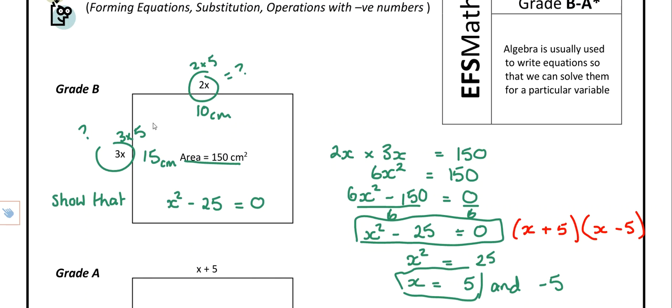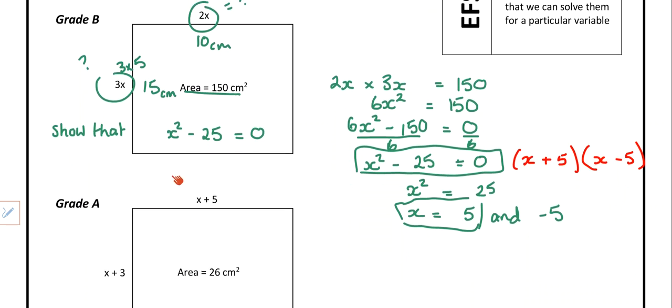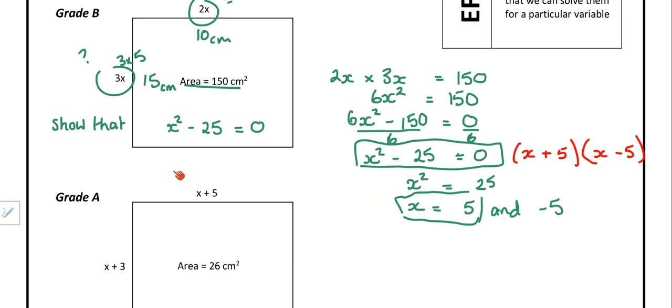Taylor, when you did 6x squared subtract, why did you divide by 6? Because I've got 6x squared and I only wanted 1x squared. So I divided both things by 6, and 150 divided by 6 is 25.